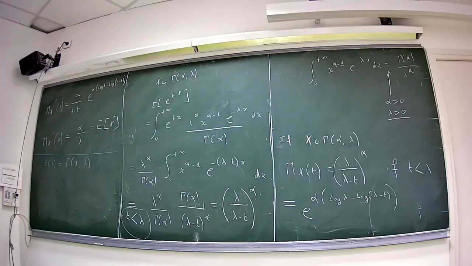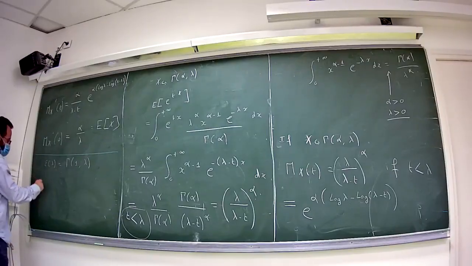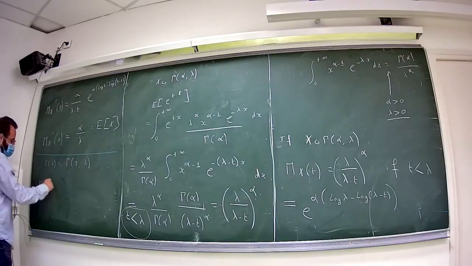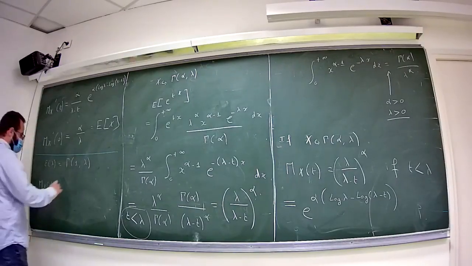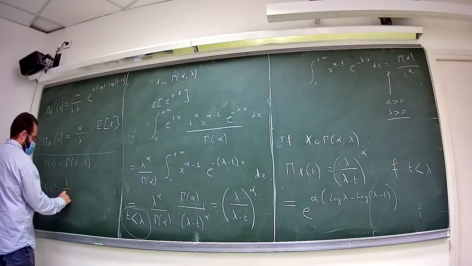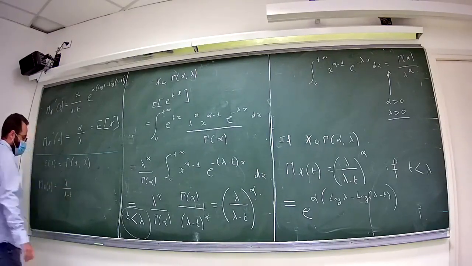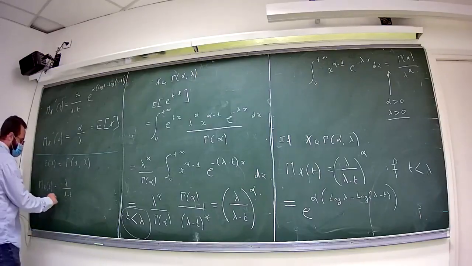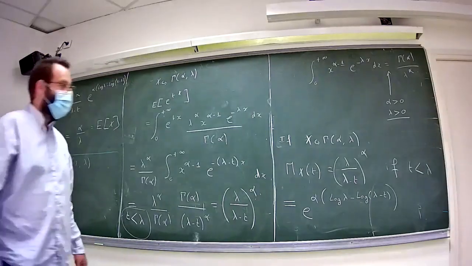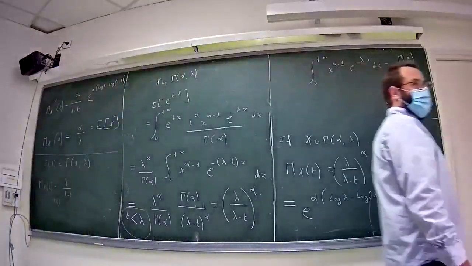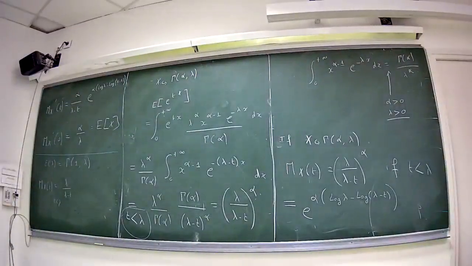You have seen this in list 5. So for an exponential of parameter lambda, the moment generating function at t is equal to what? I just have to replace alpha by 1 and lambda by lambda. So it is lambda over lambda minus t, for t less than lambda. You have here the moment generating function of an exponential of parameter lambda.